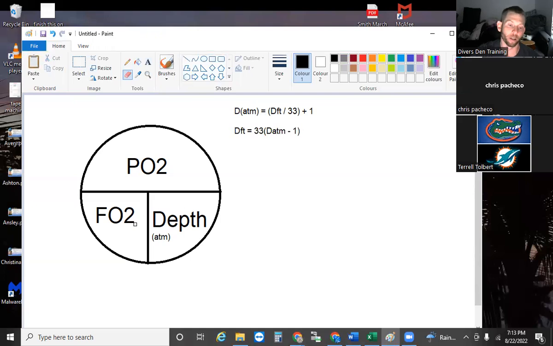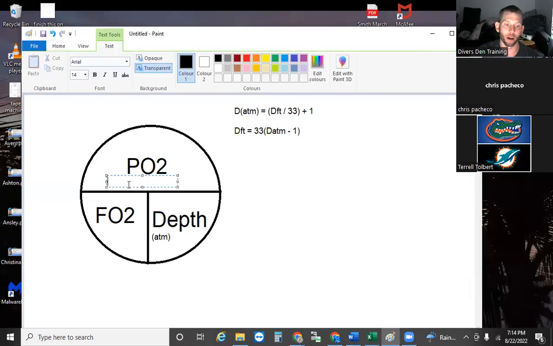If you want to find your MOD, you divide the partial pressure of oxygen you're using by the partial pressure you don't want to exceed, and your fraction of oxygen. Remember, the two partial pressures you're concerned about are 1.4 and 1.6.